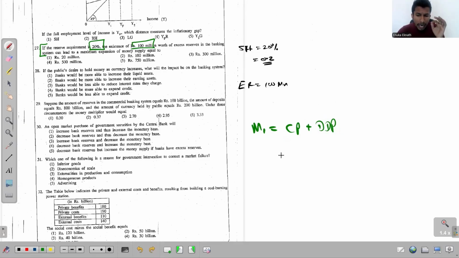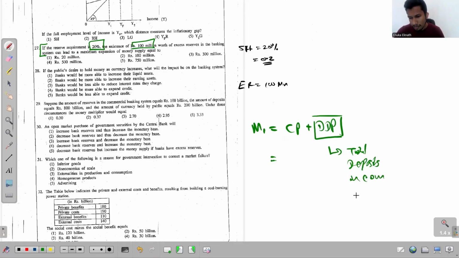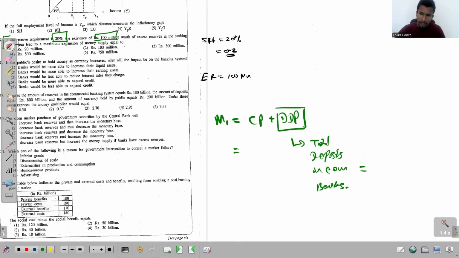So to calculate this is simply the total deposits held by the general public in commercial banks, right? So to calculate this total deposits in commercial banks, I hope that you all remember that we can use this deposit multiplier. So this is what we can write here.